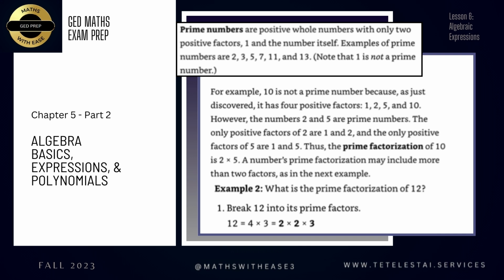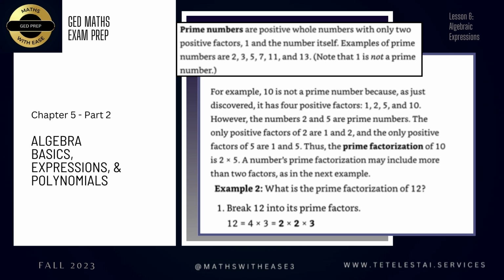Those are the only ones, meaning of all those numbers that we found that are factors of 10, only 2 and 5 meet this definition of prime number, right? They're the only 2 numbers that are divisible by 1 and themselves that are also factors of 10. And so that's what prime factorization means. So the prime factorization of 10 is 2 and 5.